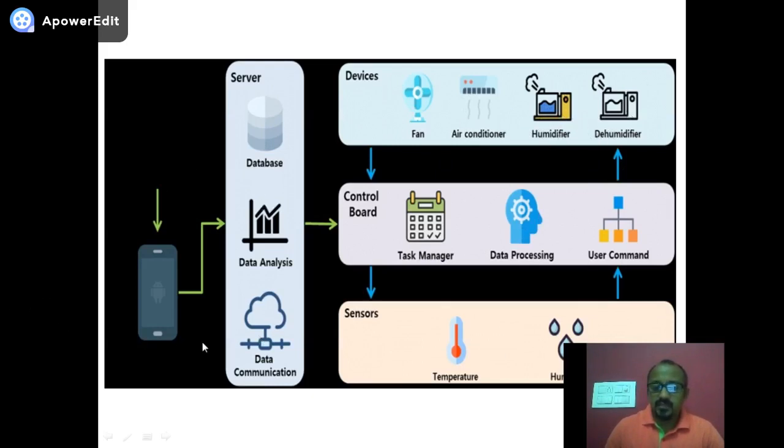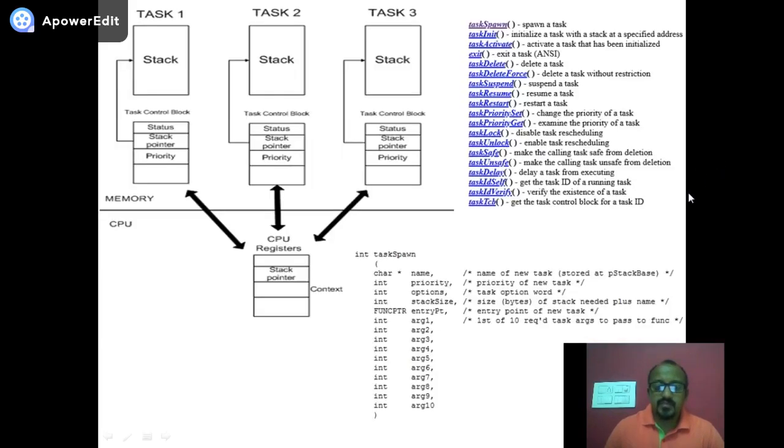As a whole, this embedded system is designed to control all these, but individually we can write a program for each of these devices to be controlled. So for that we created tasks, right?